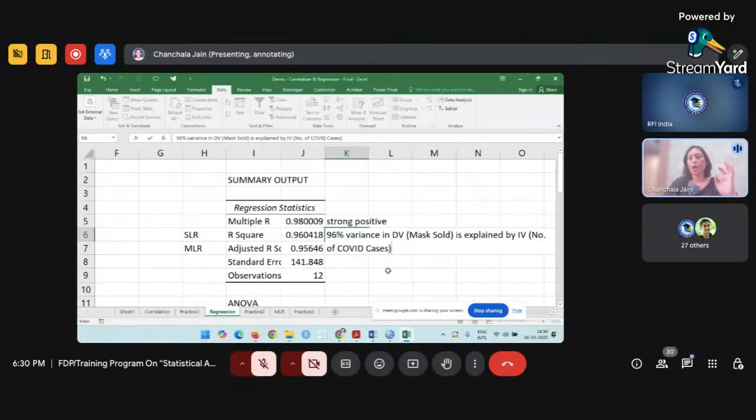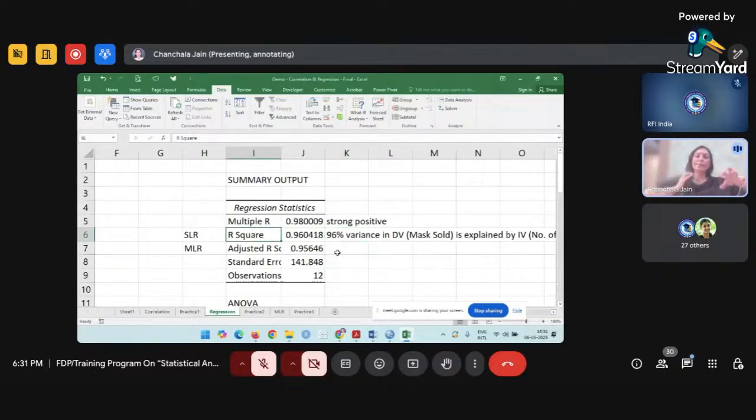How much percent change in your dependent variable is explained by your independent variable, we can understand using the R square value. So approximately 96% of the changes in the value of masks sold is explained by the number of COVID cases. Clear?